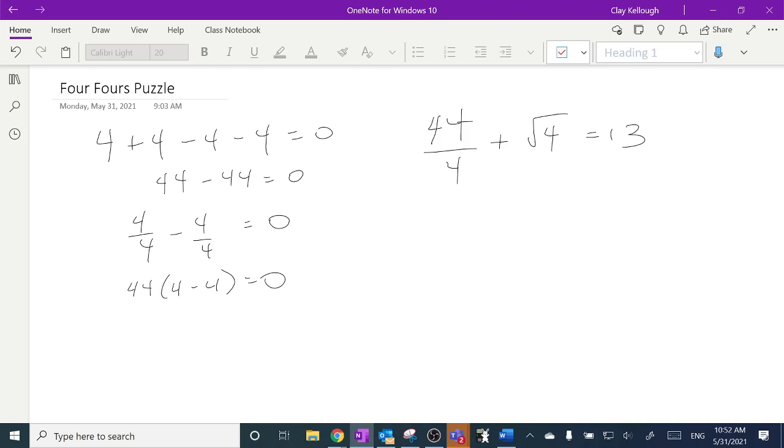You have to get fancier than that to get 19. So here's one way you could do 19. Do you get why that's 19?